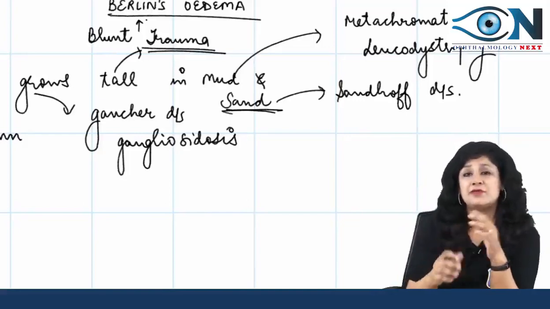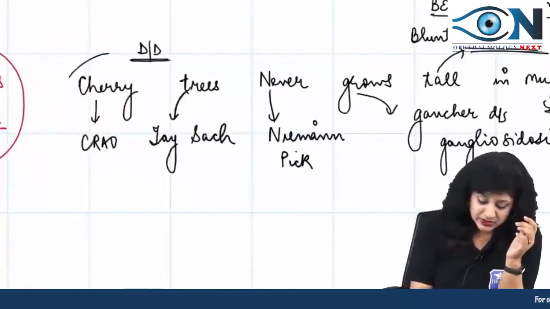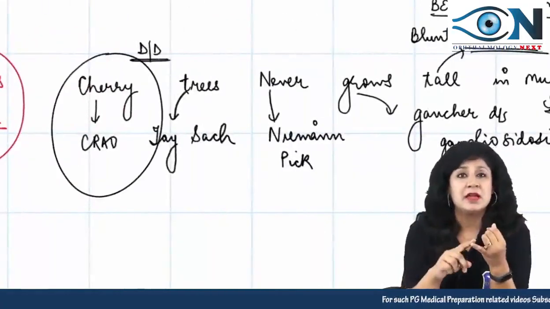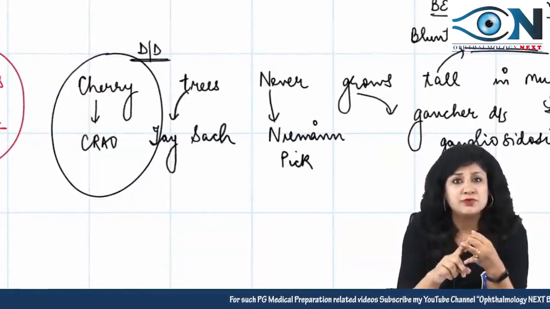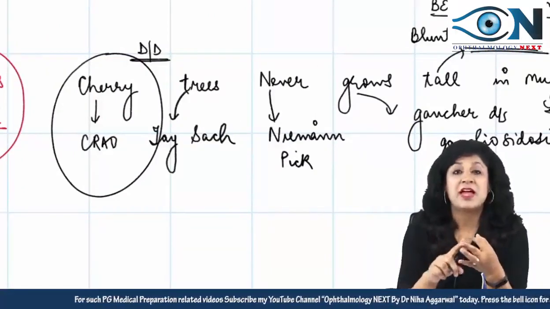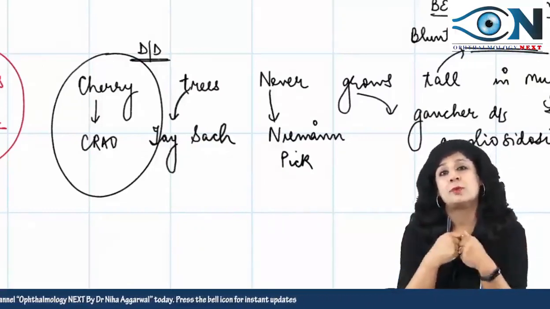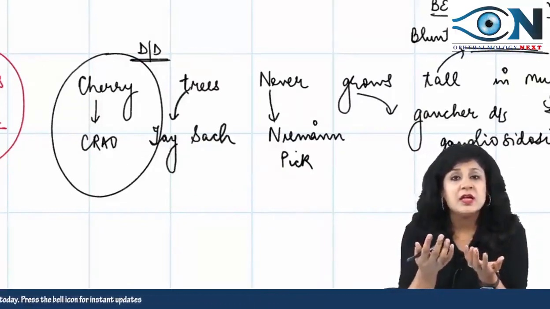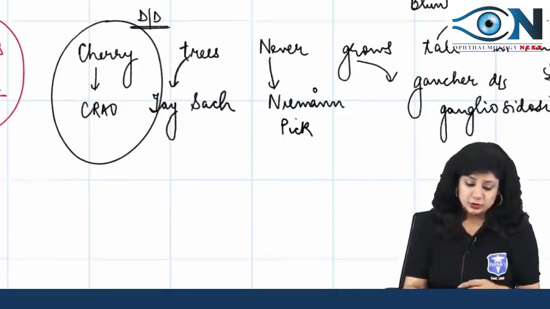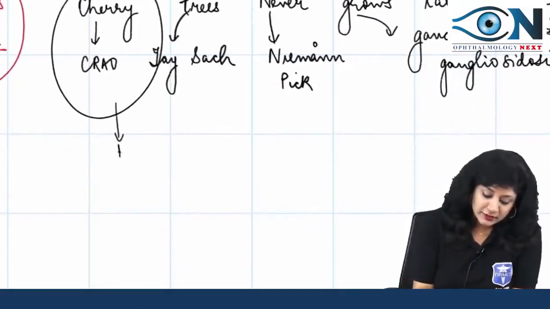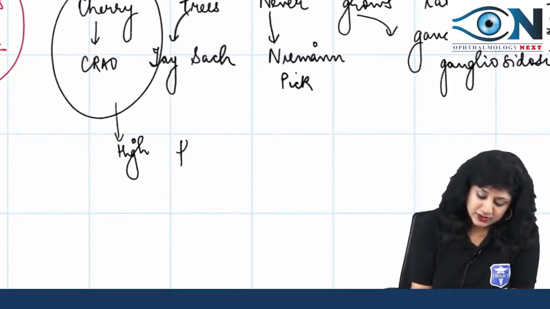But certainly if they are telling you about CRAO, the patient will be a male, mostly more than 50 years of age. You will get the risk factors, hypertension and atherosclerosis. The most common site will be the lamina cribrosa, and what you are going to give? You are going to give high flow oxygen.